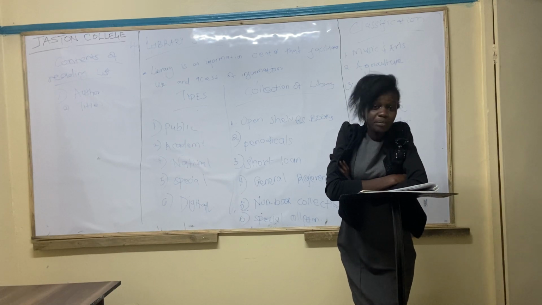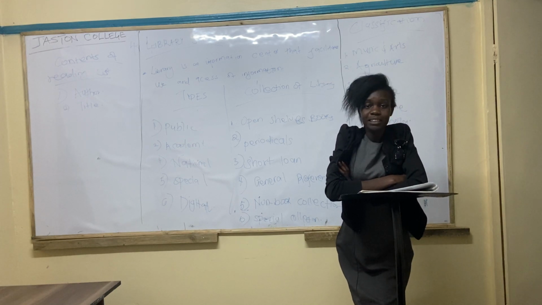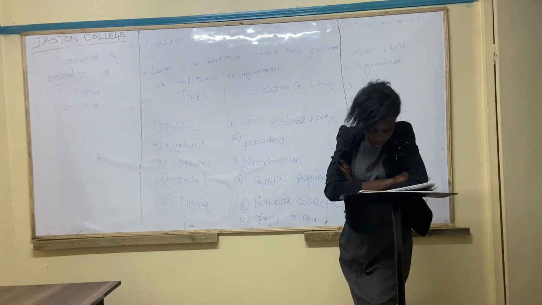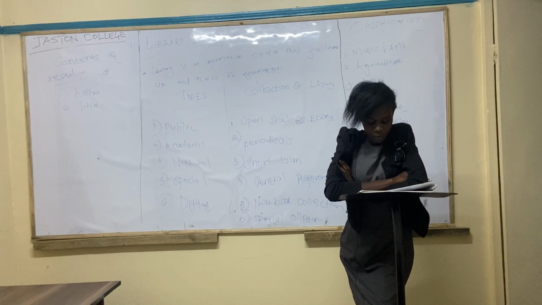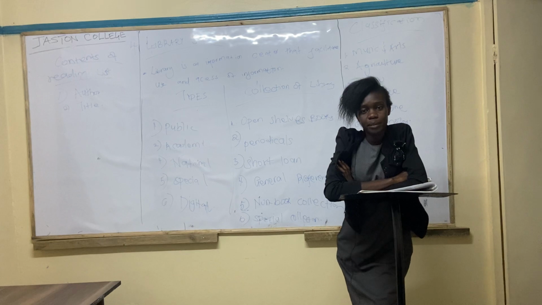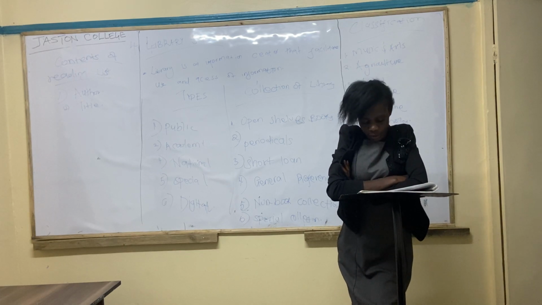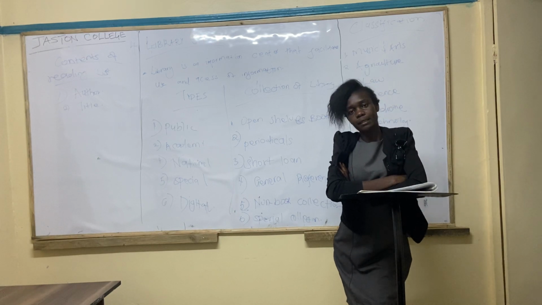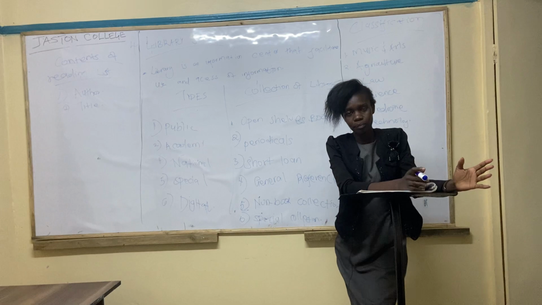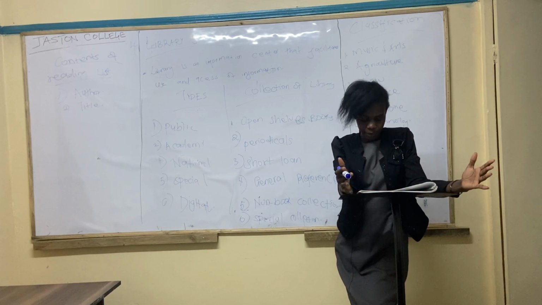And we have two types of authors. We have personal author and corporate author. So we are going to start with personal author. A personal author is a person who has written a specific book, and more than one book joins to form one big book.